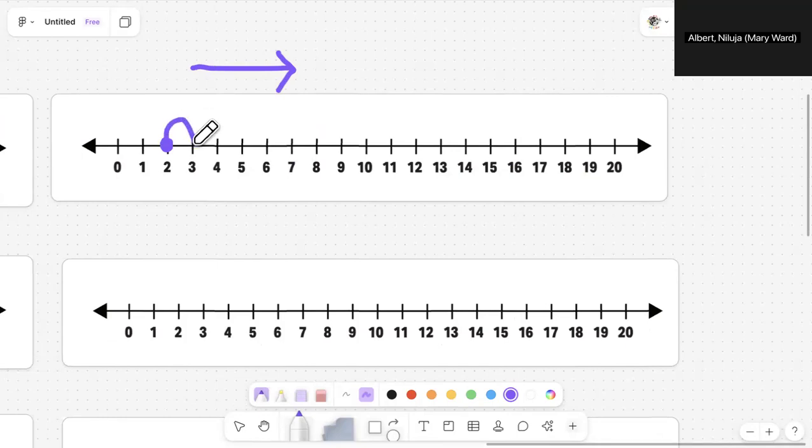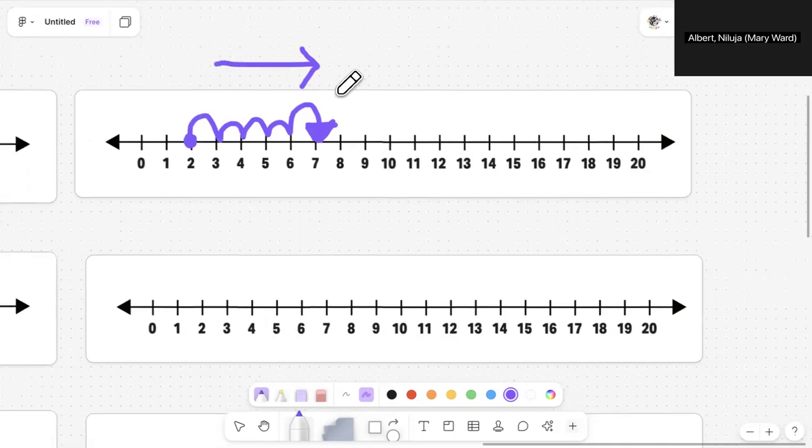So I'm going to jump 1, 2, 3, 4, 5 spaces. And you can see when I'm moving 5 positive spaces, I'm going to also land at 7, but this time it's a +7, not a -7. So the number line can really help you if you're having a hard time visualizing the integer rule.